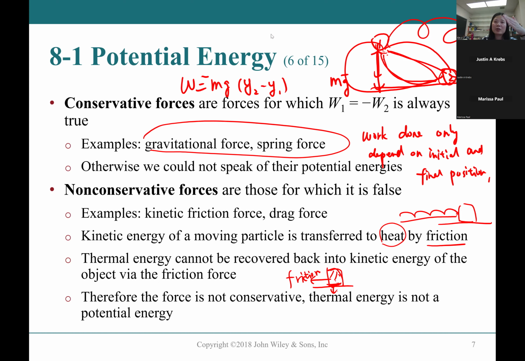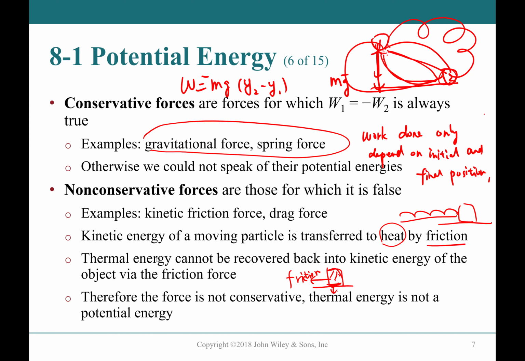Work done by friction will decrease your kinetic energy, and that energy is transferred to heat. And the thermal energy cannot be recovered back into kinetic energy of the object via the friction force. So the thermal energy is generated by friction, but cannot transfer back to kinetic energy. Therefore, the force is not conservative. Thermal energy is not a potential energy.